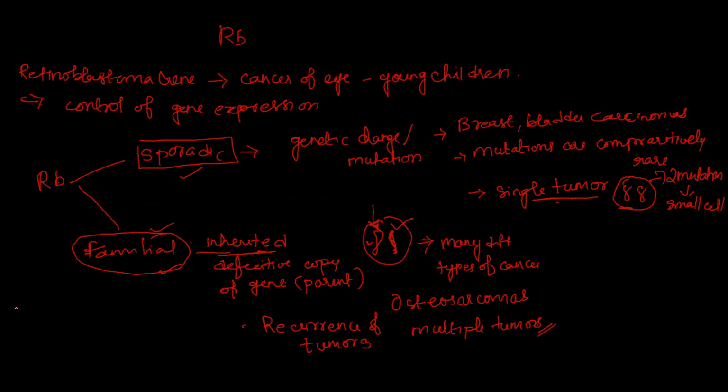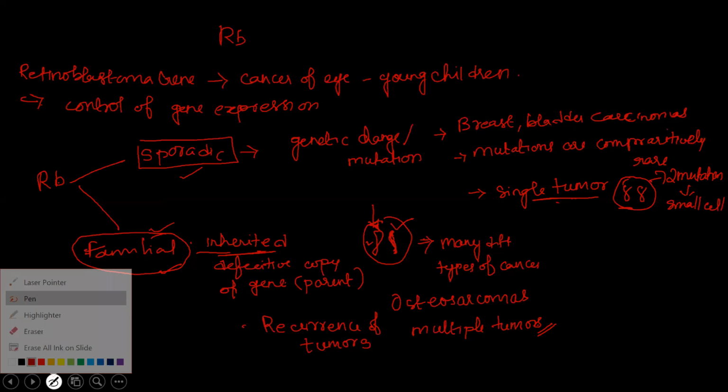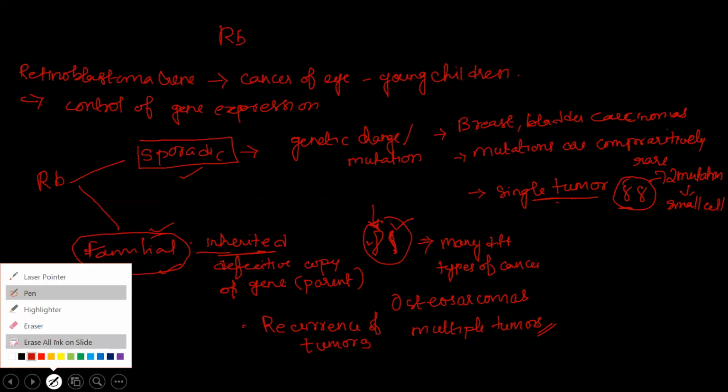Now, continuing with RB genes. Normally, RB genes regulate the G1 cell cycle checkpoint.